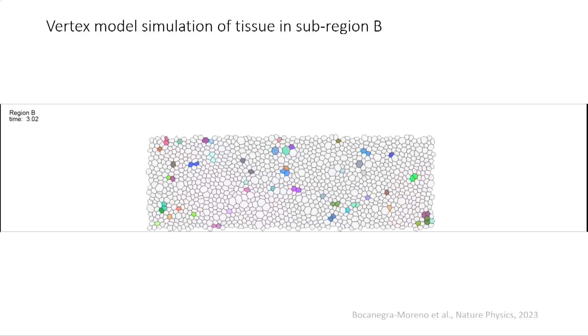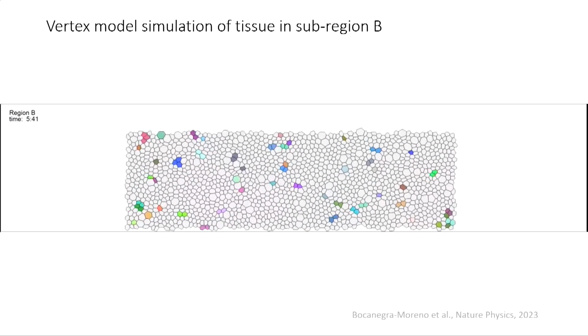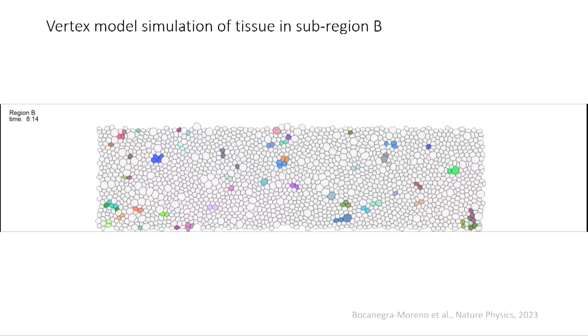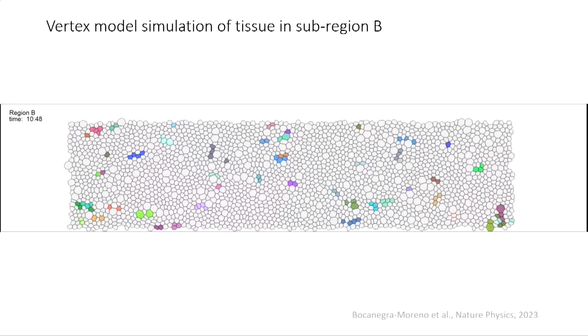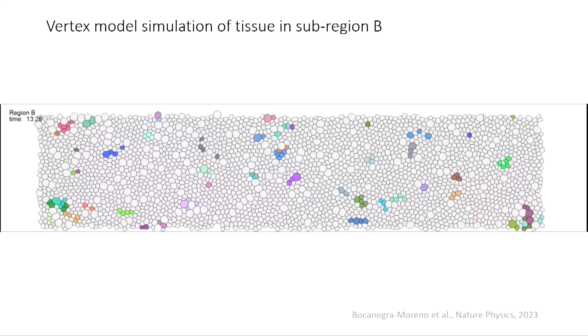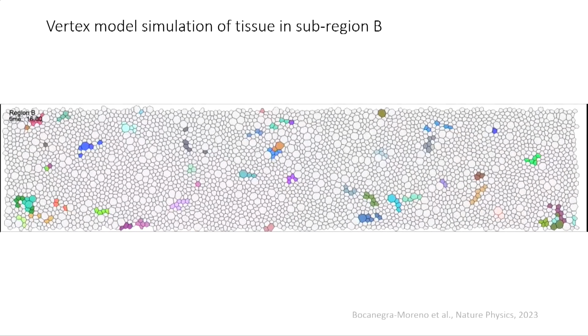Here you see the subregion B. This is hexagonal, solid-like, and the color corresponds to a different clone, and when the cells are dividing, they sometimes detach, but mostly they stay together.